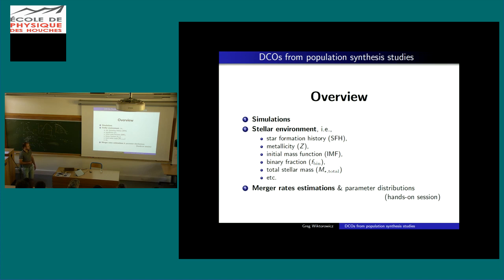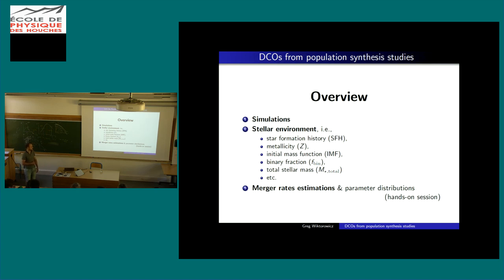We will discuss the stellar environment, which has a huge impact on the results. Some things like star formation history can be applied in post-computing. So you already have a simulation done and you can change the star formation history to obtain results for different stellar environments. That's what we are going to do today.